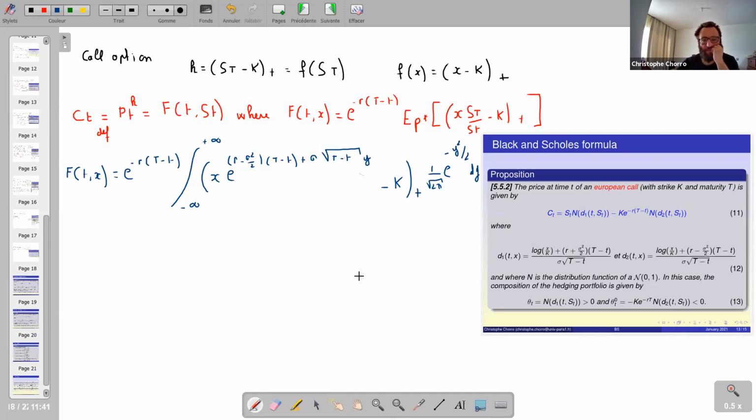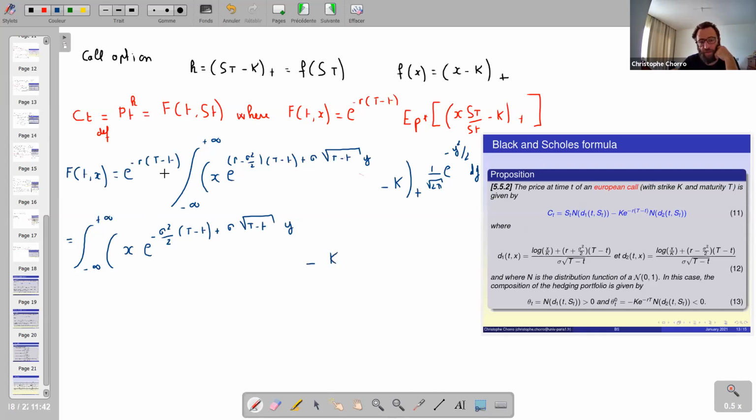I have exactly this. So we are going to make the discount factor enter here, because if I do this I will have some simplification: you see that you have exponential R (capital T minus T) that I can simplify with this one. So I can write it as the integral from minus infinity to plus infinity of x exponential minus sigma square over 2 (capital T minus T) plus sigma the square root of capital T minus T y, minus K, multiplied by this one.